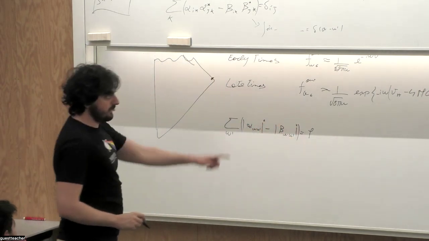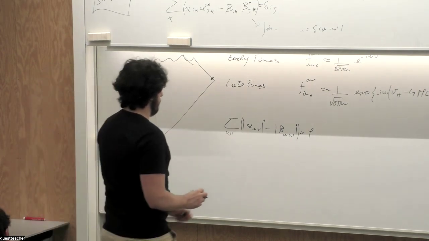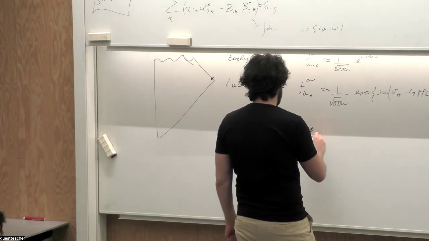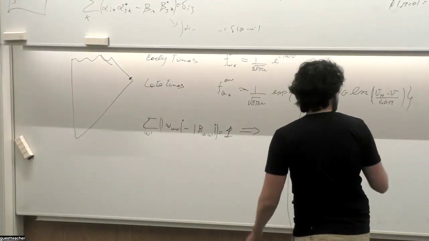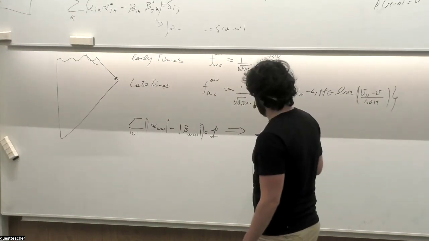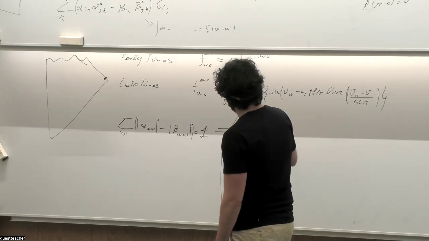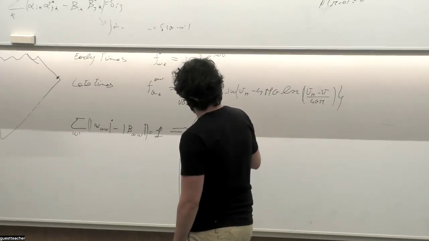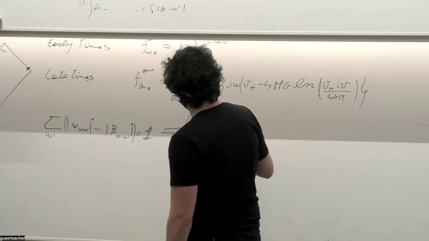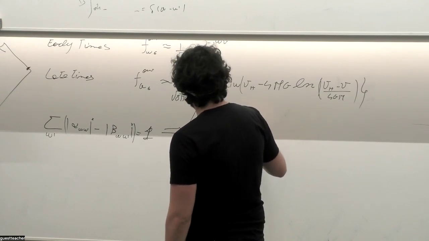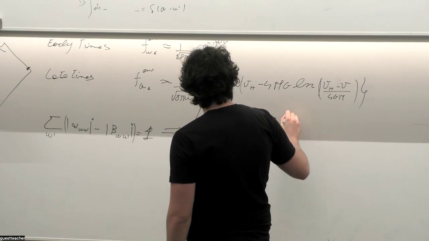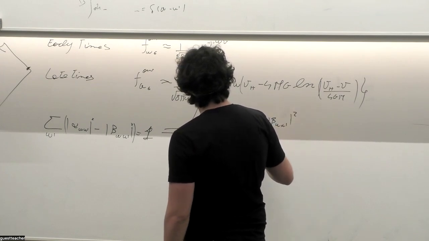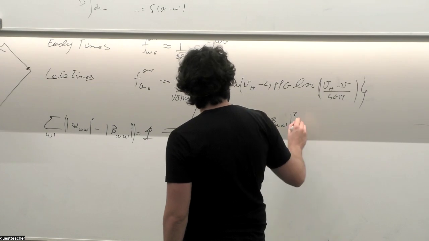I can use that result there to write, so I have a prefactor which is omega prime independent, which is e to the 8 pi G M minus 1, times the sum over omega prime of beta omega prime squared, which is equal to 1.